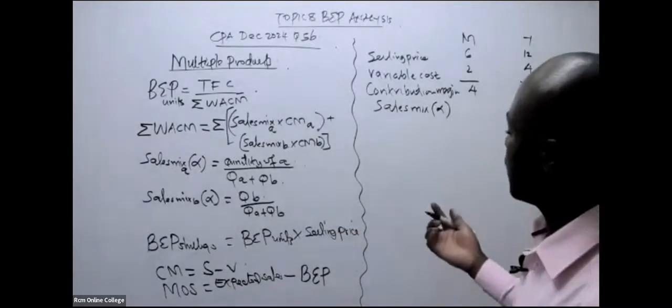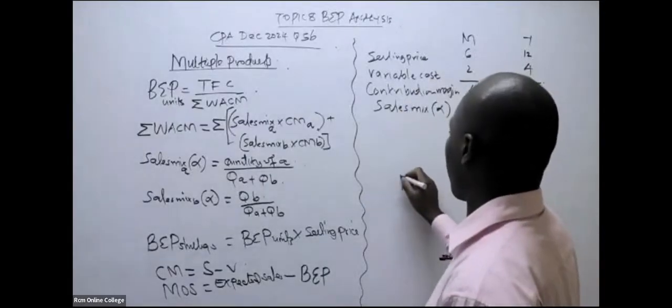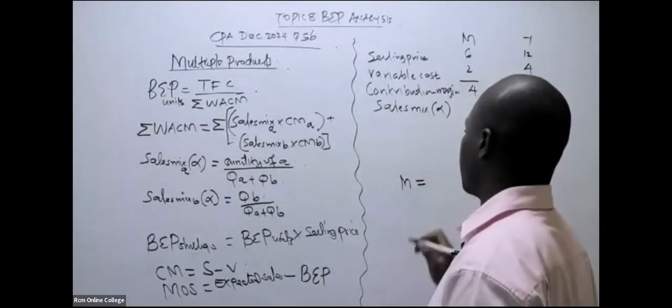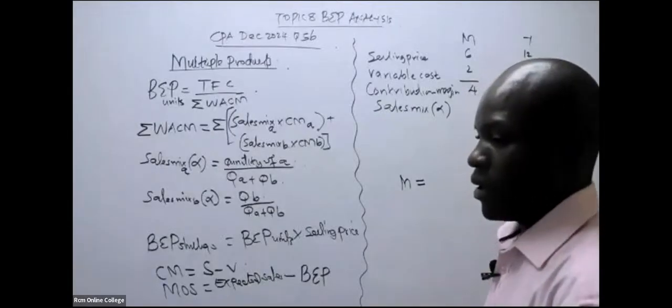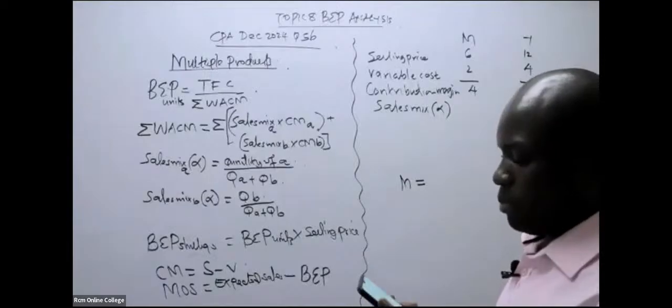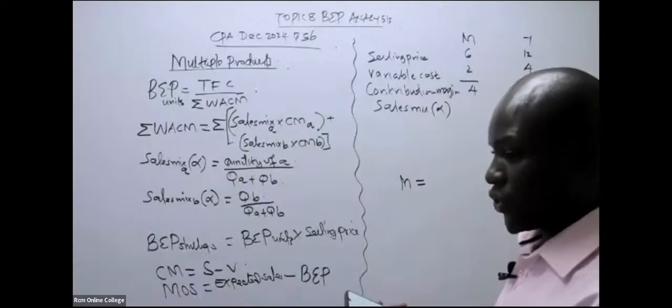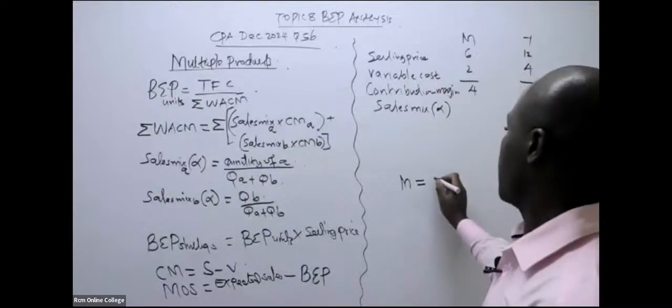So let's start with our first product, product M. What is the expected sales in terms of units for product M? Expected sales or units sold for product M, we have how many? 70 million, right?